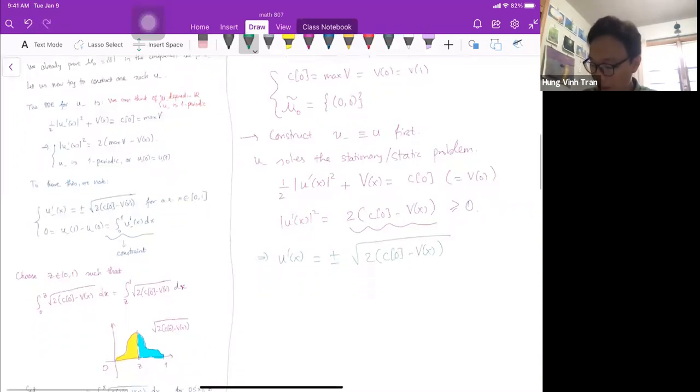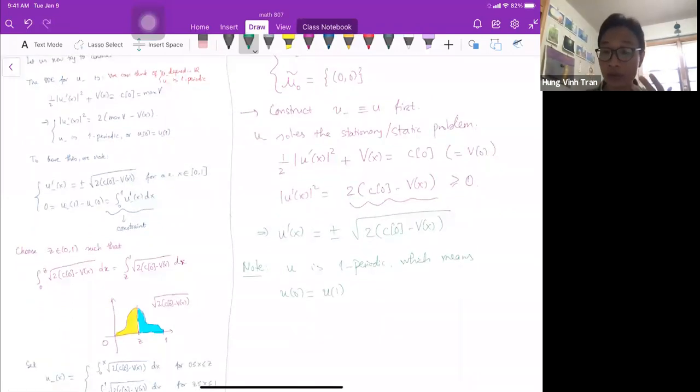But looking back, we remind ourselves that u is periodic, which means I should have u0 equals u1. For this compatibility condition, by the fundamental theorem of calculus, the integral from 0 to 1 of u prime of x dx must equal u1 minus u0, which is 0. So that's a compatibility condition.